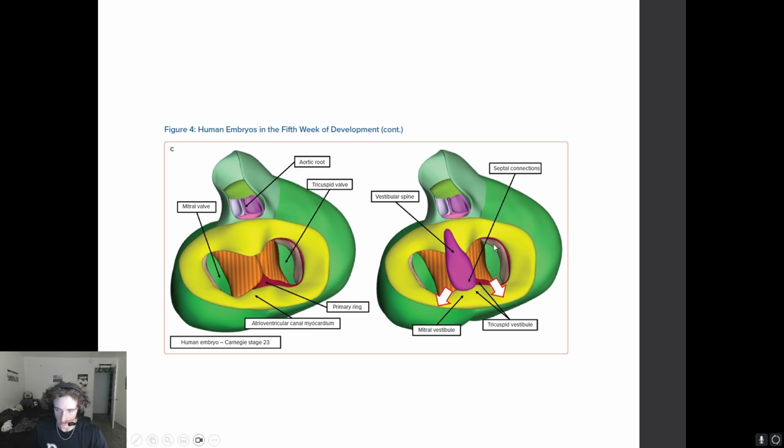This side, right, has the primary ring on the right side, on the tricuspid side. It has the primary ring, which is significant, right? It's what makes the AV node. Okay, the primary ring is the same cardiomyocytes that make the AV node. I want to be specific. It has the primary ring and it has the tricuspid valve vestibule. Now, the tricuspid valve vestibule is derived from the ring that comes from the atrioventricular canal. I think that made sense.